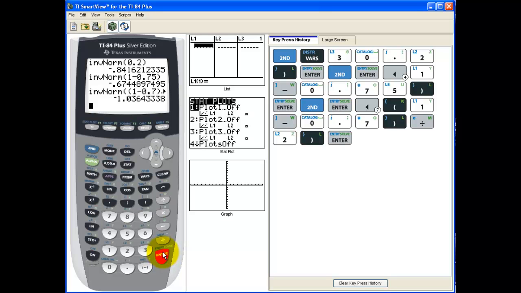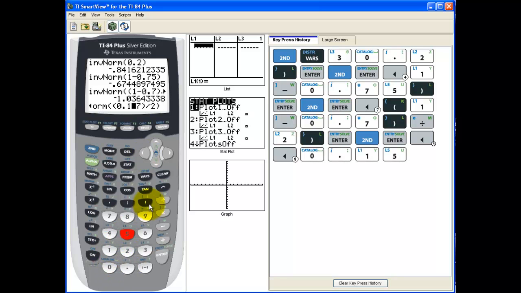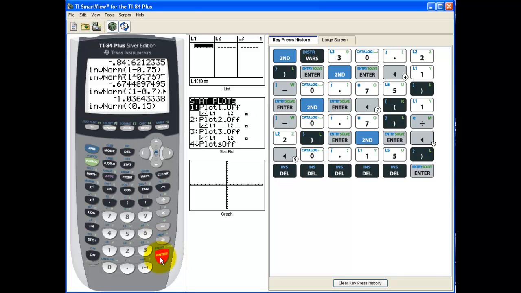You could just as well do it by hand. You could key in inverse norm. Let's go back here and edit this. 0.15. And then just delete all the rest of that. Same result.